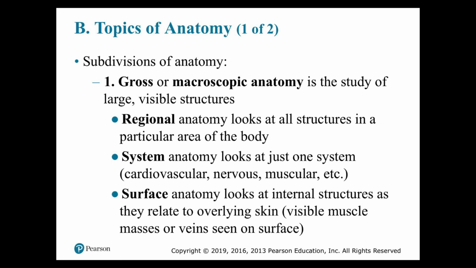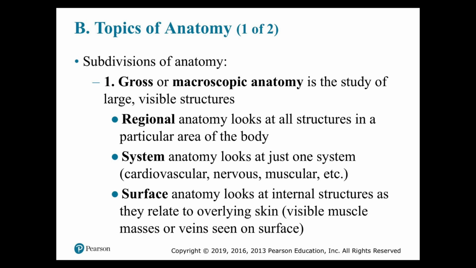Let's start looking at subdivisions of anatomy. Let's start with gross or macroscopic anatomy, which is the study of large visible structures, so structures that are usually visible with the unaided eye.